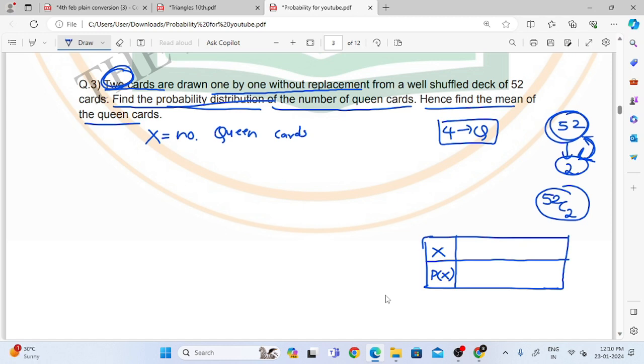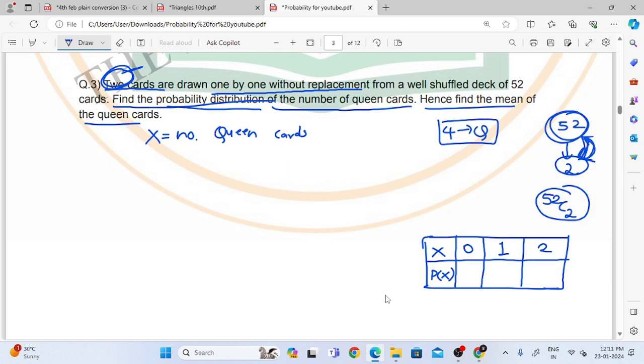We are selecting any 2 cards of 52, so we may get 0 queens, meaning there is a possibility of getting no queens. We may get 1 queen, and we may get 2 queens. Okay, because we are selecting only 2 cards. So either we will get 0 queens, or one queen, or both cards are queens. Okay, so this is the distribution table.